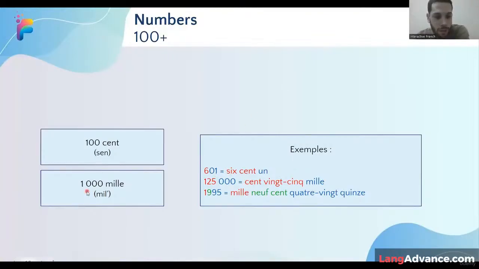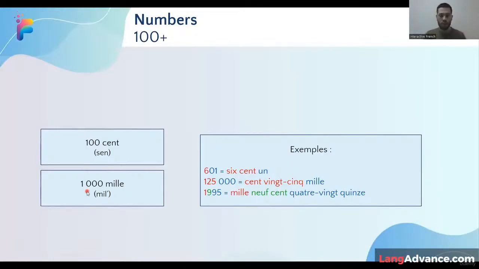Okay. So next for the thousands, okay? It's pretty similar in the structure, but first the word to say thousand is mille, okay? Mille. And 1,000 is also mille, all right? Just like 100 was cent, right?